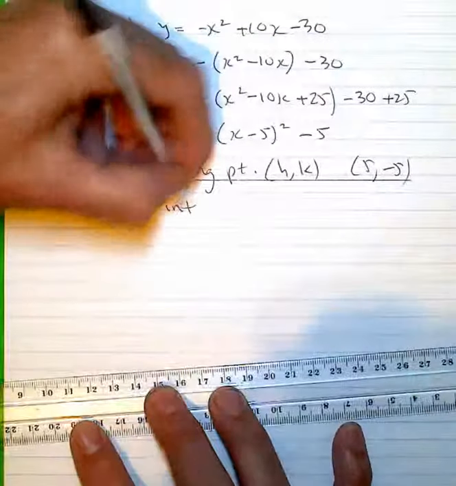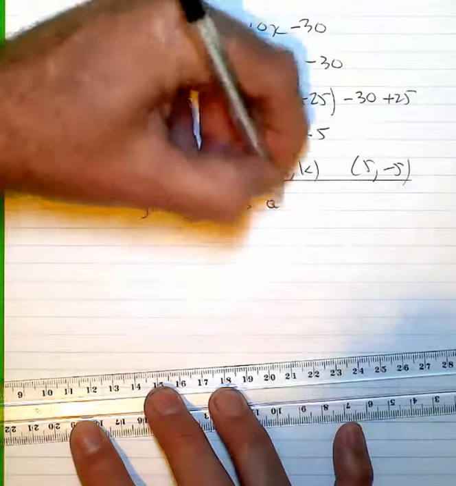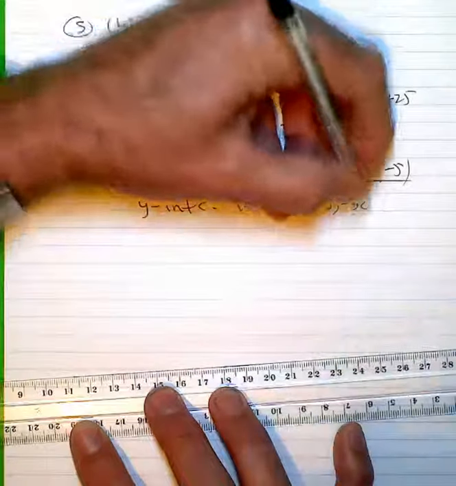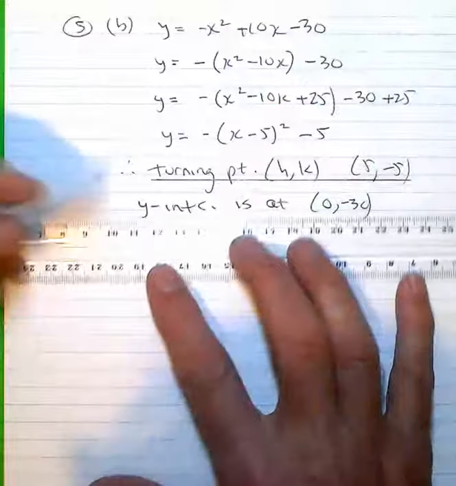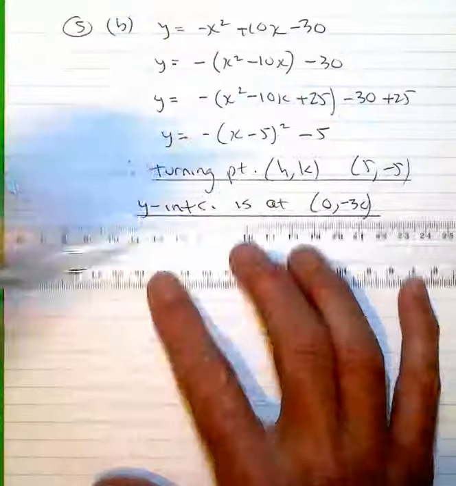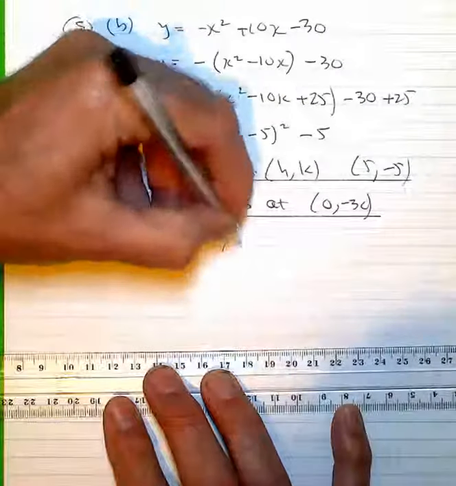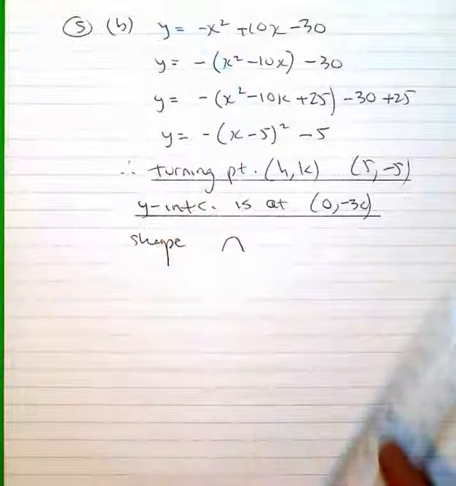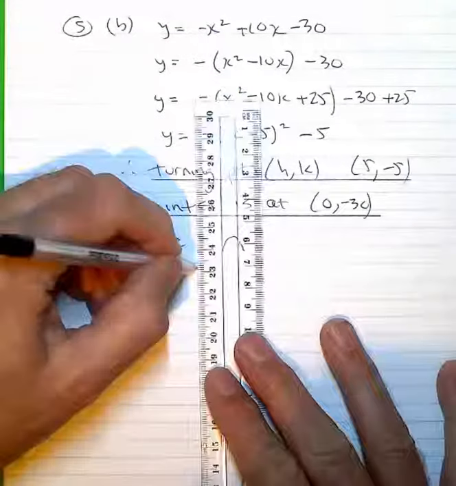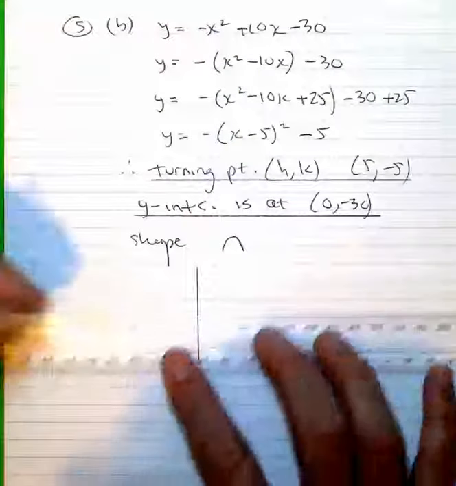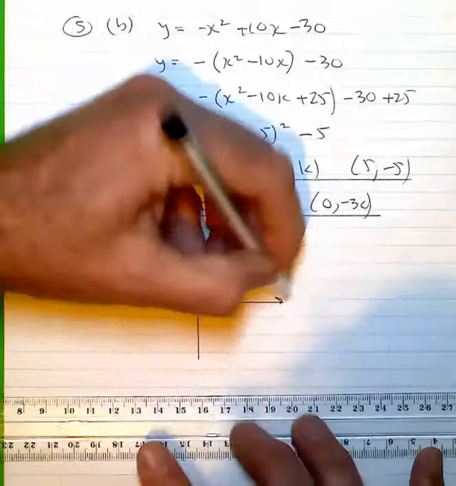The y-intercept is at 0, -30. I'm hoping at this stage that you can read that off. The shape is of the upside down parabola variety. And when I sketch this up, what you'll notice is something a little unusual perhaps.